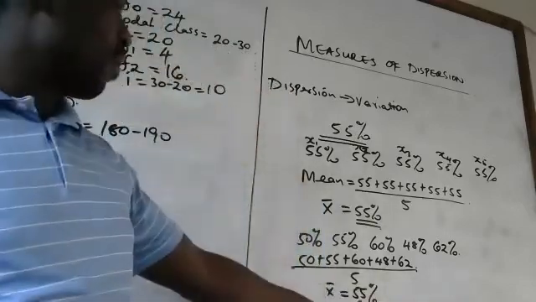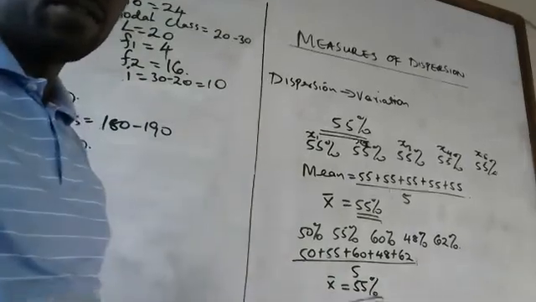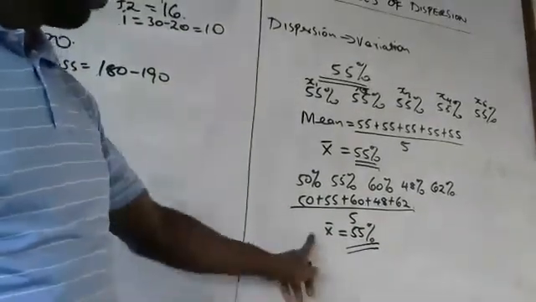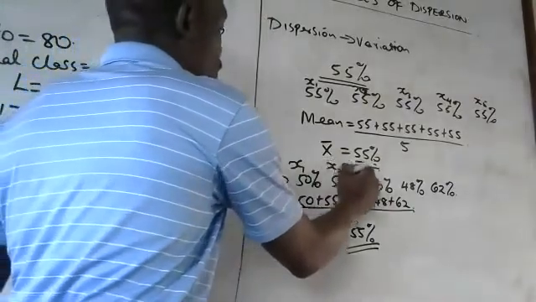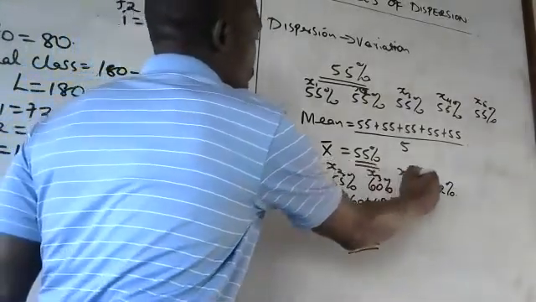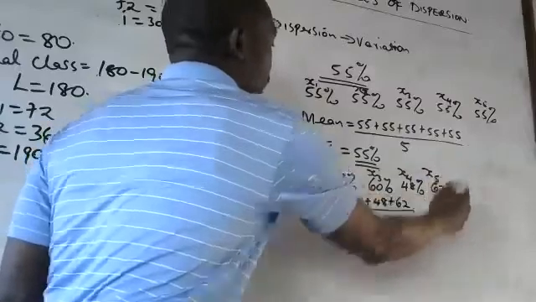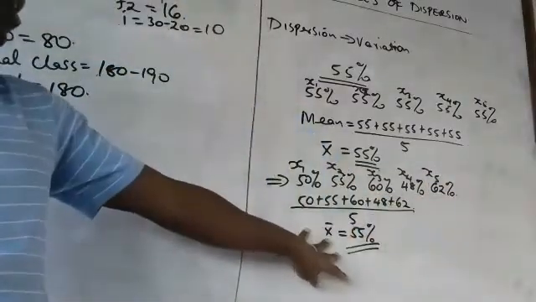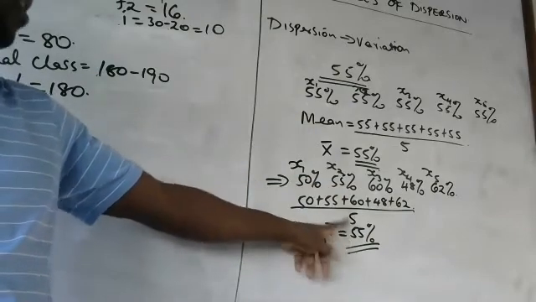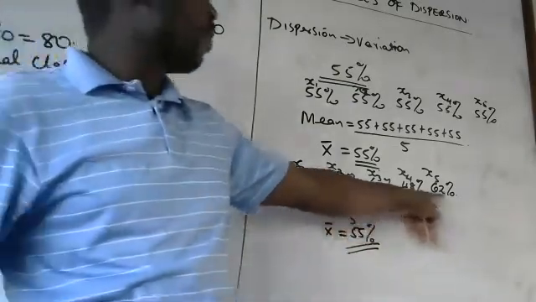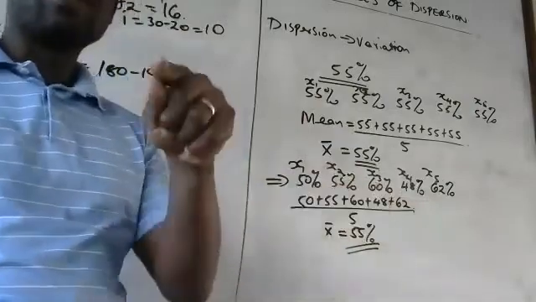So we are saying that the mean score is 55%, but when you go now to the actual data, this is x1, x2, x3, x4, and x5. You compare this one and this one, and it is only one student who scored 55, the others never scored 55, so there is variation.